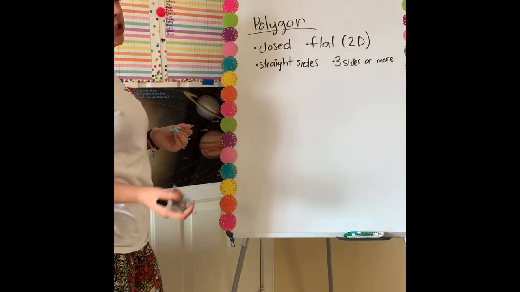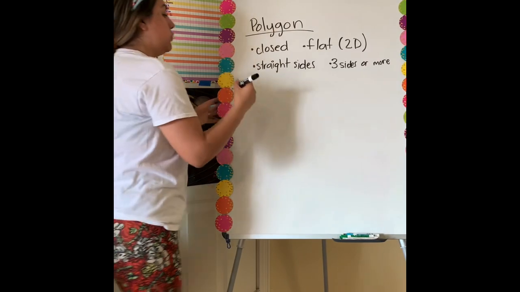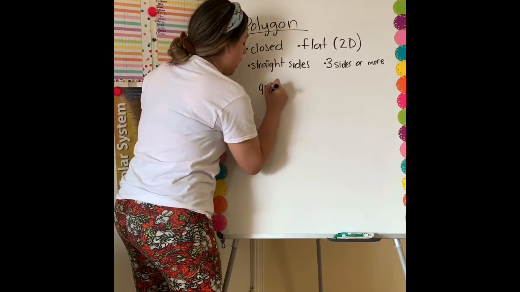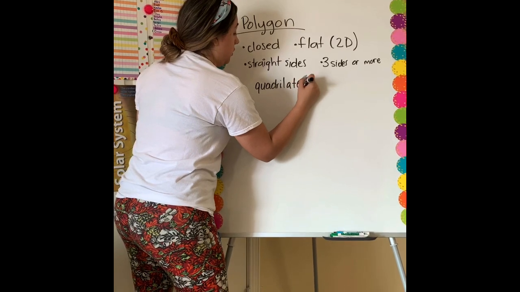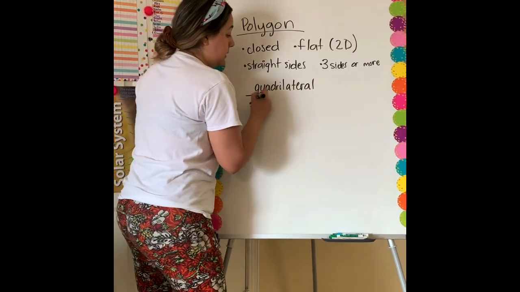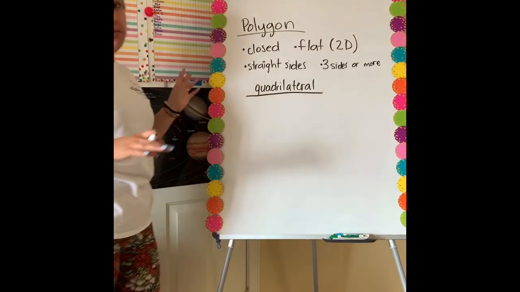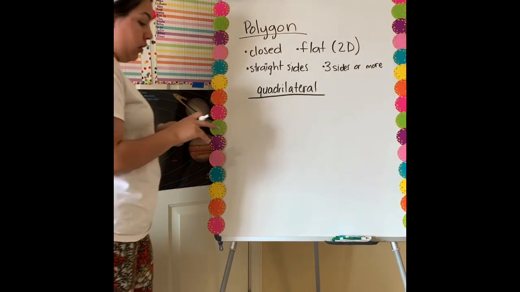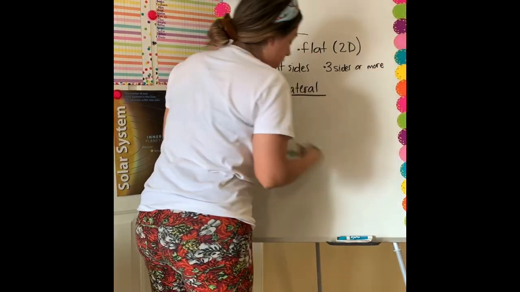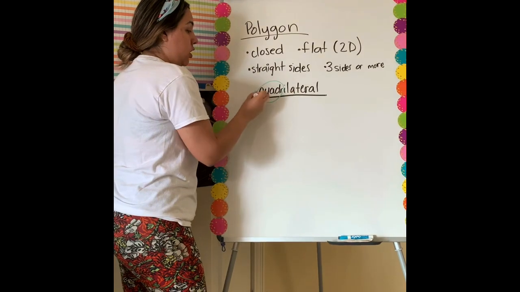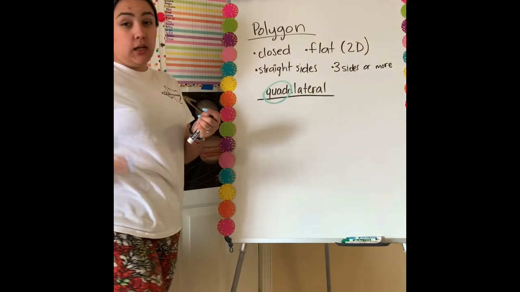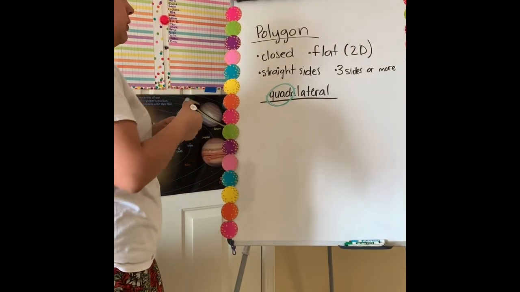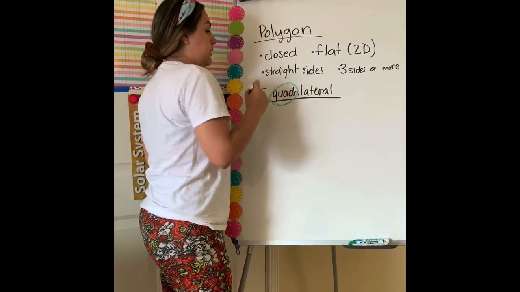Okay, so the next shape is 4 sides, which is called a quadrilateral. We talked about these shapes many times at school. Quadrilateral. Remember the word or the prefix quad? And we talked about a quad being a 4-wheeler. Okay, so this is 4 sides.